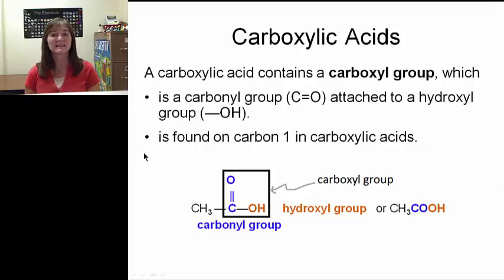Now, carboxylic acids contain what we call a hydroxyl group. And hydroxyl groups contain a carbonyl group. So carbonyl group, remember, is the carbon double bond oxygen, and that carbonyl group is attached to the hydroxyl group. Okay, so I had told you guys to memorize those 2 groups in a previous lecture.